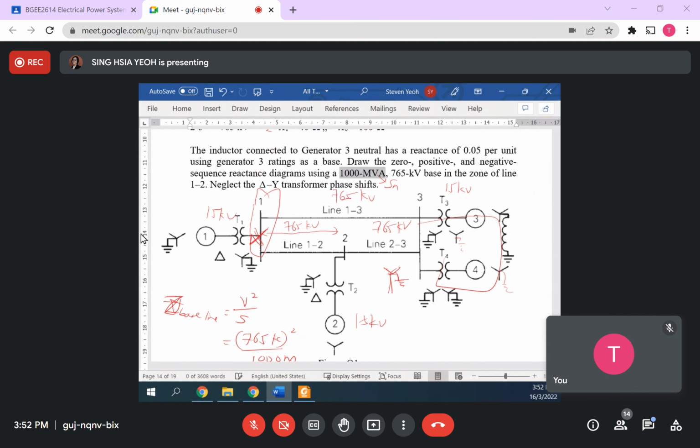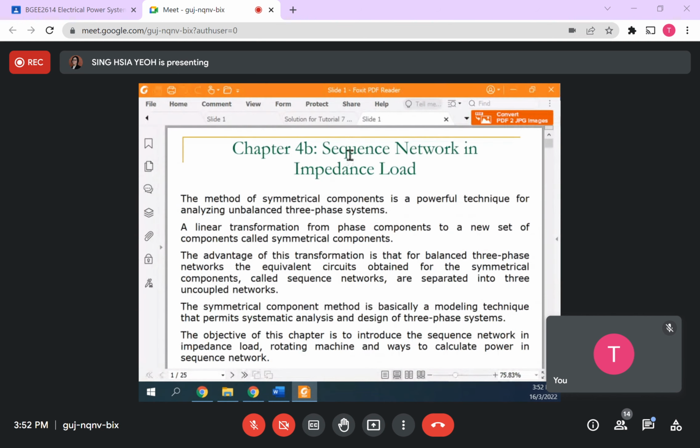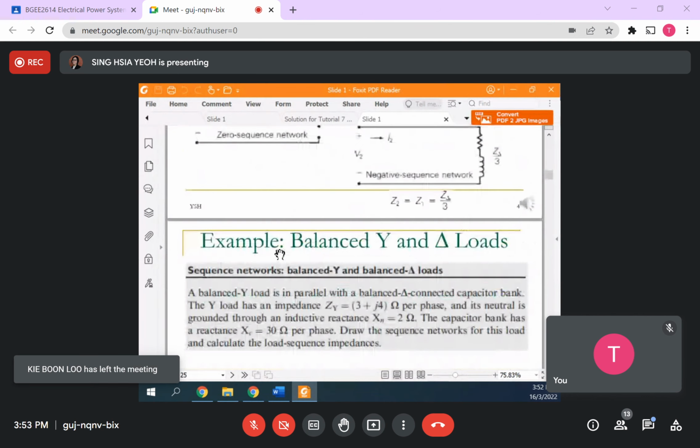To explain again, because it's a delta, do you still remember which chapter that is in? Symmetrical component chapter, I think chapter 4B, the sequence network chapter.